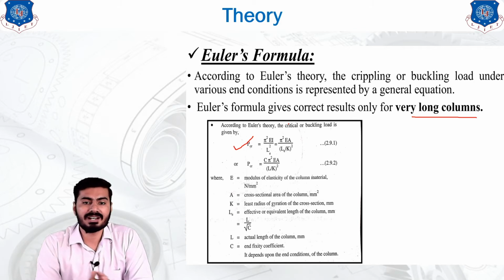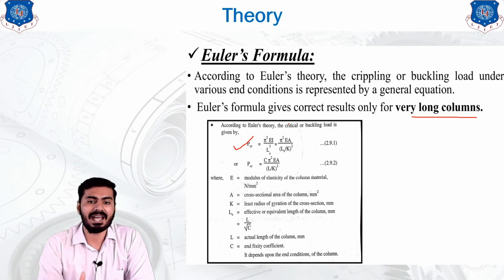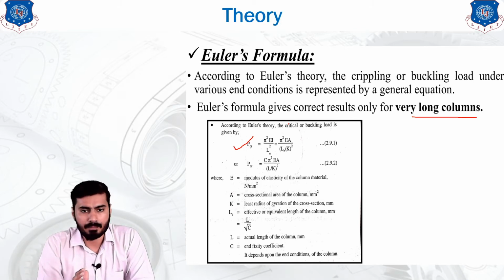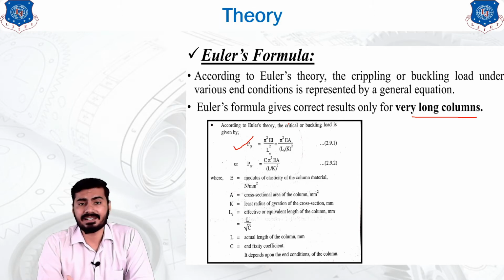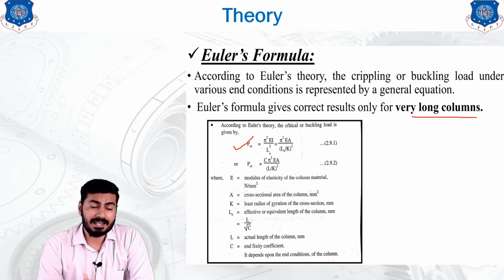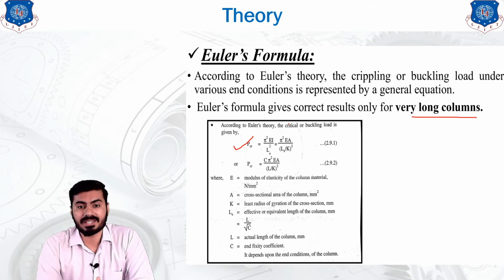So if you consider the moment of inertia as A K square, then you can directly simplify it as pi square EA upon LE upon K square.